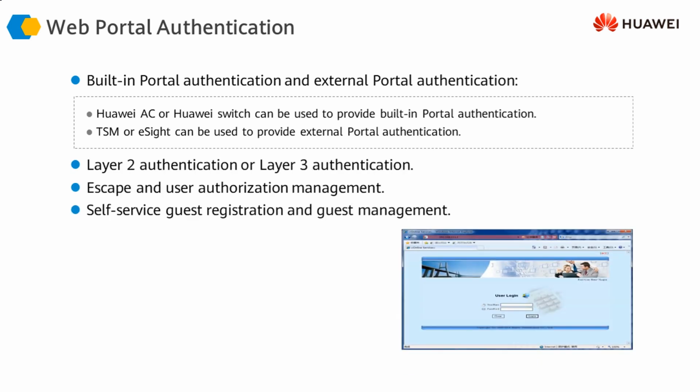The next common authentication method that we use is the web portal authentication. I'm sure all of you would be aware of what portal authentication is. This is generally done in public areas like shopping malls, hotels, airports or stations, where the link level authentication is open, where anybody can establish a connection with the access point.